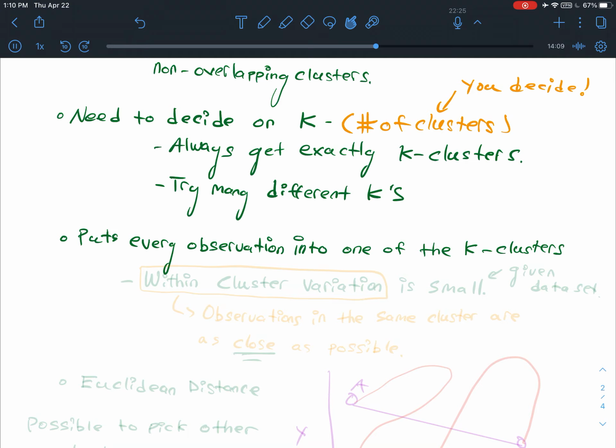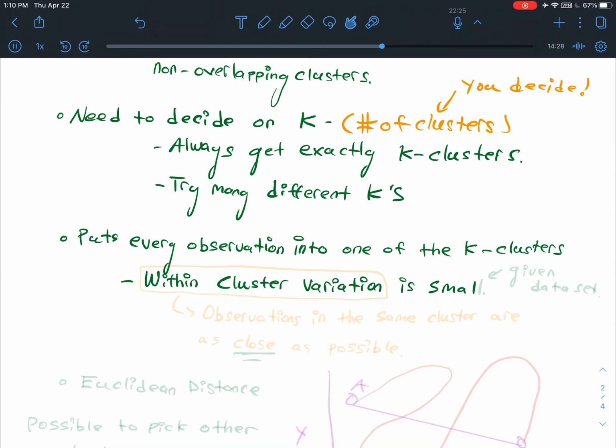And the guarantee is what? The guarantee is that the within cluster variation is small, or as small as possible, given your data set.